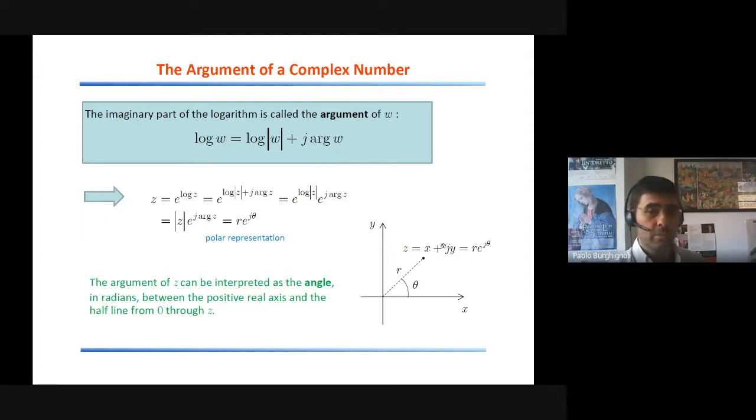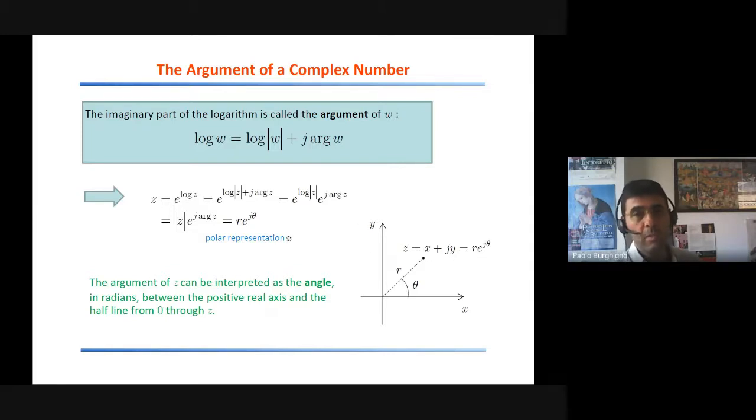And as you of course know, this is nothing but the angle between the segment from the origin to the complex number z and the positive real axis in the so-called polar representation of complex numbers, which is an alternative to the Cartesian representation in terms of real and imaginary parts.